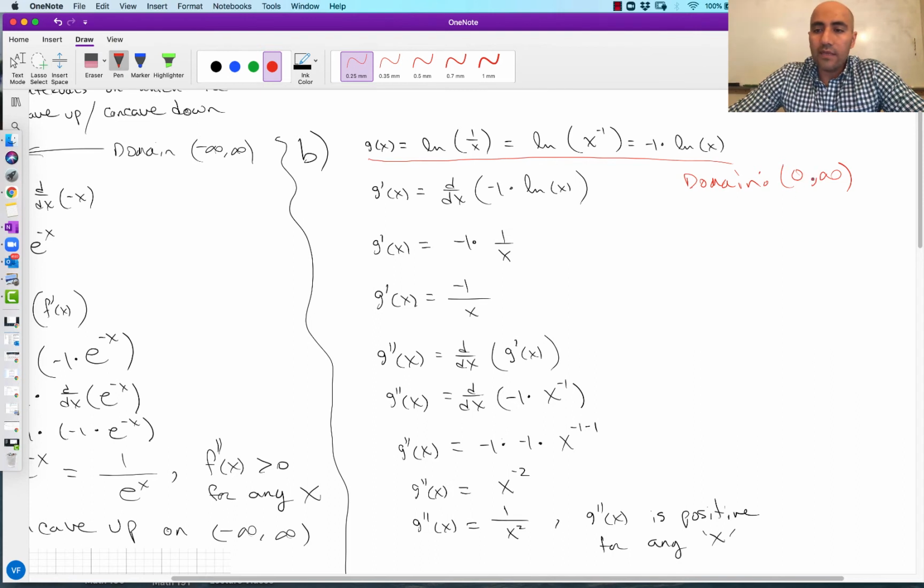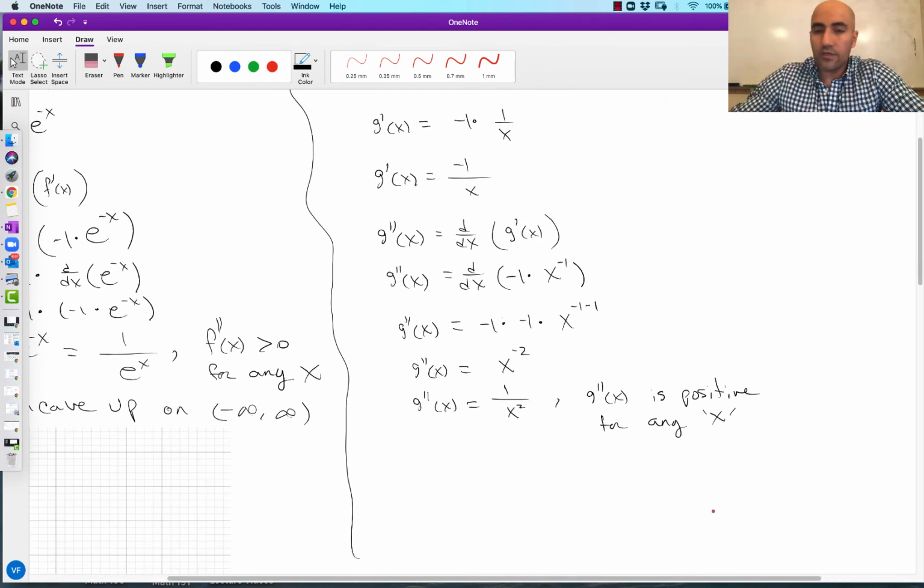So on this domain, the second derivative is positive, so we can conclude that the graph of the original g of x function on the domain of 0 to infinity is always going to be concave up.